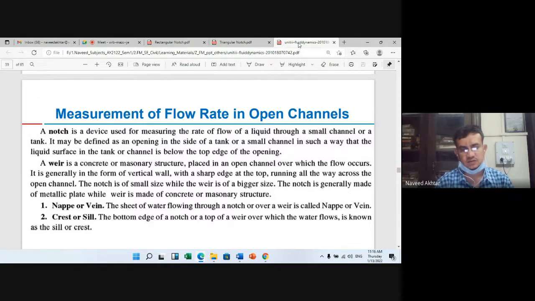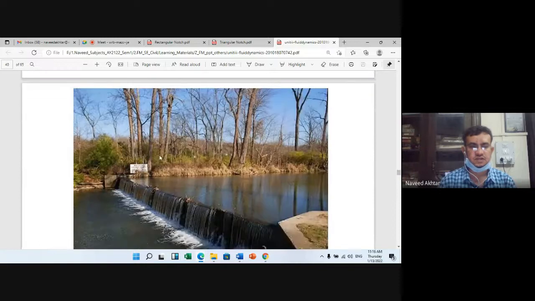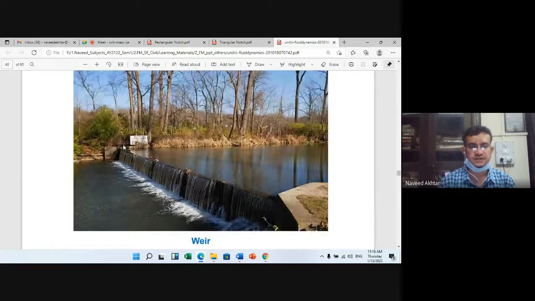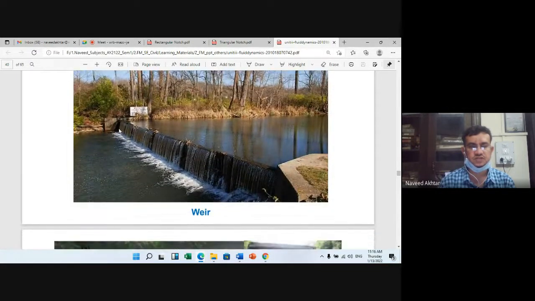And flow through weirs: weirs are constructed to stop the flow of the water. So here is the construction. We will see the handle. You can see this is nothing but the broad crested weir.